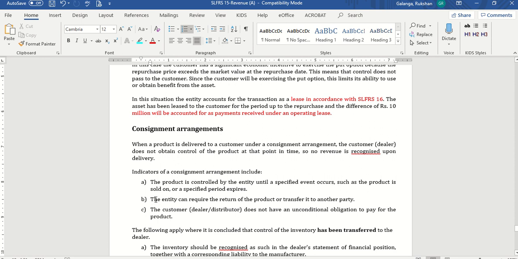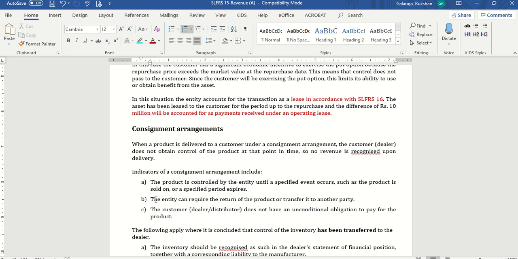Second, the entity can require the return of the product or transfer it to another party, right? That entity can require the return of the product, or give it to another party. Third, the customer or the dealer or the distributor does not have an unconditional obligation to pay for the product. That means no advance is paid. Once it's sold to the third party, they can recognize.